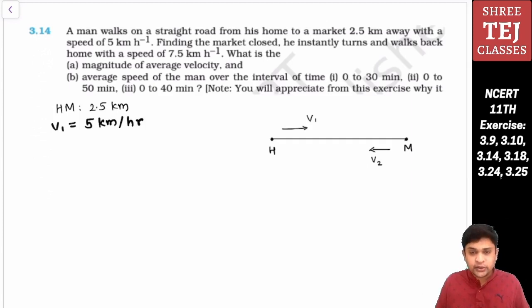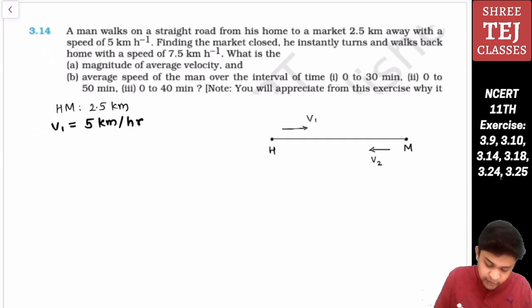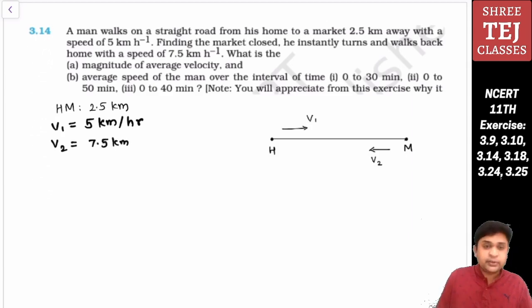Finding the market closed, he instantly turns and walks back home with speed of 7.5 kilometer per hour. We have to find magnitude of average velocity.